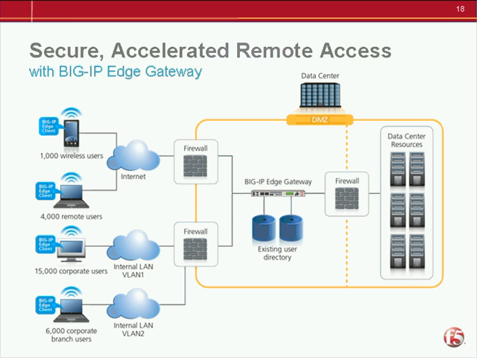Unbeknownst to the user, that UK data center may be having power issues, or the system is down, or it's in maintenance mode. Based on the user's location and the type of information they're requesting, the intelligence in the BIG-IP systems will already know that the UK system is having issues and will immediately direct them to another data center or potentially a cloud deployment.